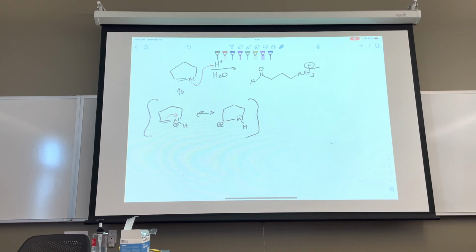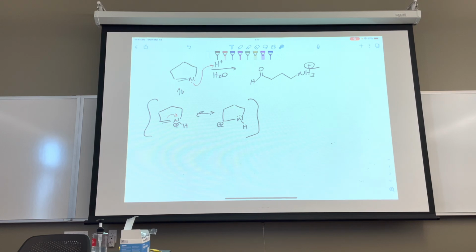However, the nitrogen is less happy bearing a positive charge than the carbon is. Right? Nitrogen is much more electronegative than carbon, and so it is going to be much more unhappy with a positive charge. So that said, this would be expected to be a fairly prominent contributor to the overall picture of the species.